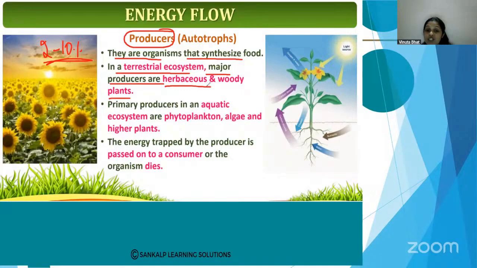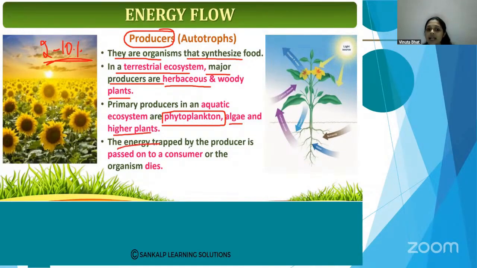Herbaceous plants have a very delicate and easily flexible stem. Primary producers in an aquatic ecosystem are phytoplankton. Phytoplankton are small photosynthetic organisms, such as algae and higher plants.